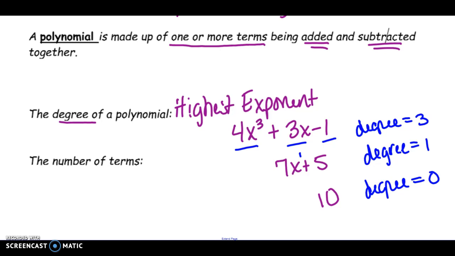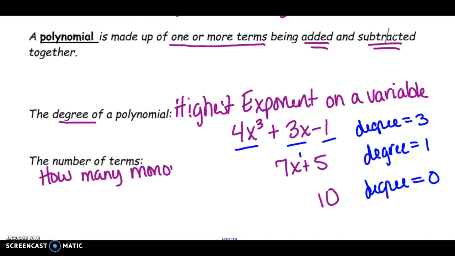So it's technically the highest exponent on a variable. Okay, number of terms is just how many monomials are being added or subtracted together.